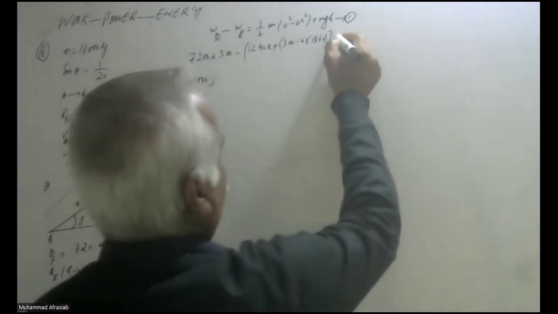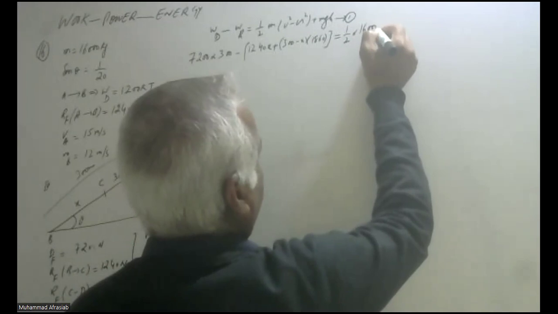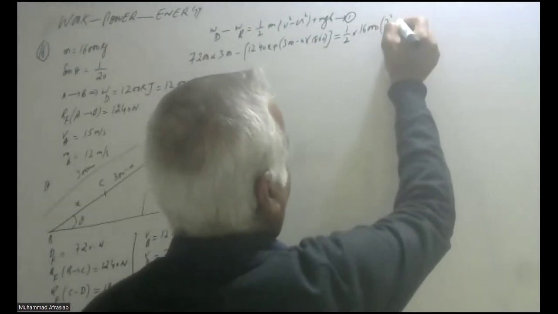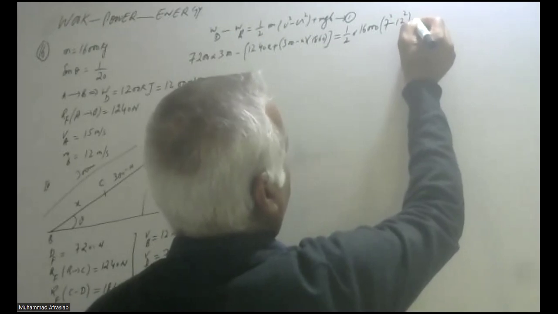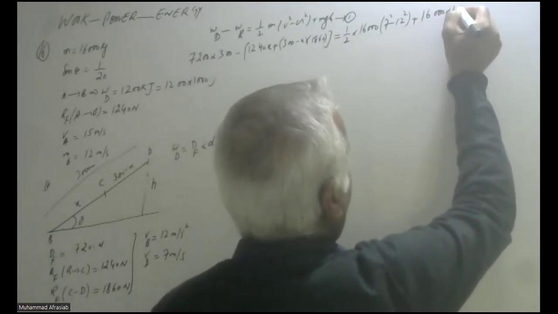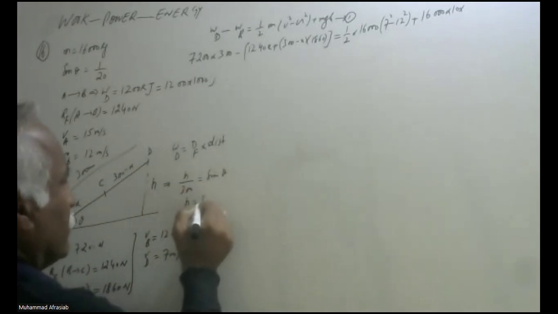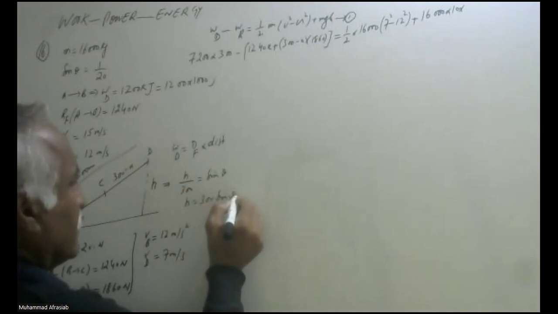That is equal to the change in kinetic energy, that is half times the mass of the lorry, 16,000, times the speed at point D, 7 squared, minus the speed at B, 12 squared, plus mgh, where the mass is again 16,000, g is 10, times the height, which can be calculated as h over 300 is equal to sine theta, or h is equal to 300 sine theta.